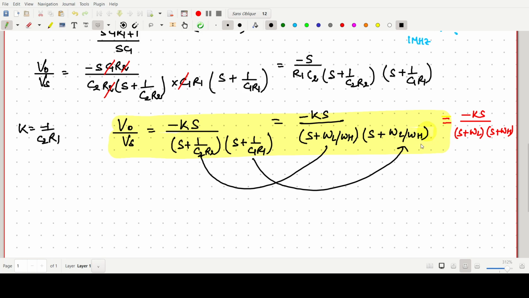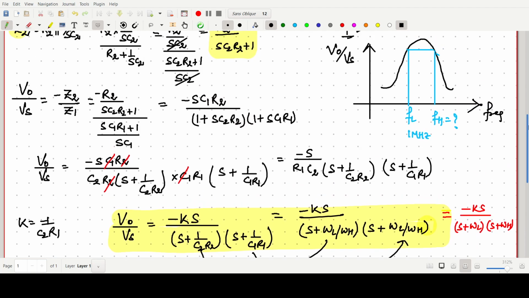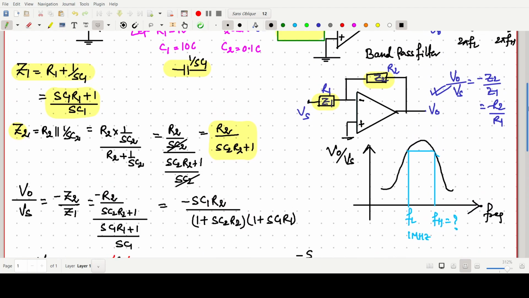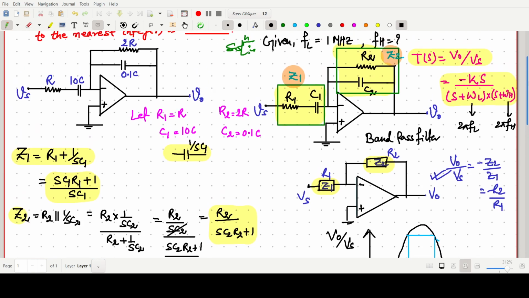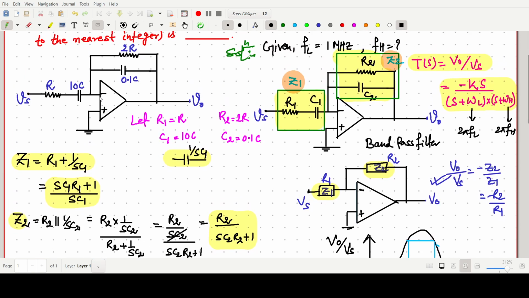Okay, so now first think about 1 by c2 r2. So 1 by c2 r2 is there, so 1 by c2 r2 we have to find. So now everything is known to us. From here, the r1 value, r1 equals R, okay, and c1 equals 10C, r2 equals 2R, and this one.